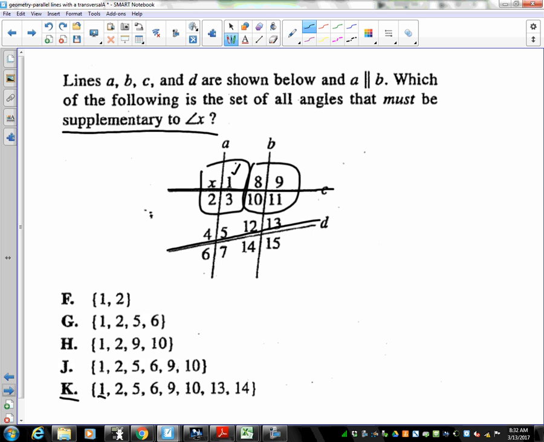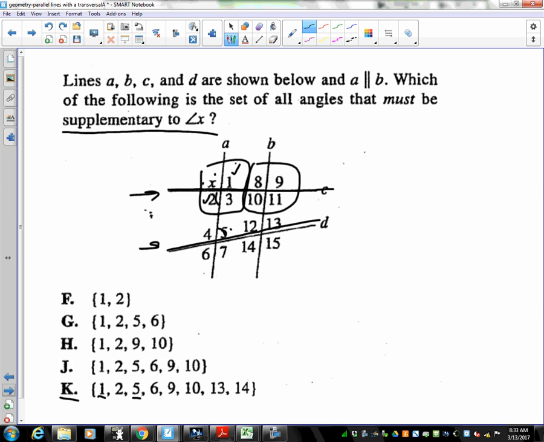Now let me keep going here. So I got 1 is definitely 1 because they form a linear pair here. 2 is also 1 because it forms a linear pair. So let's go to 5 here. If I go to 5 and I see 5 and X, now if these two lines were parallel, 5 and 2 would be congruent, but since they're not parallel, then these are not alternate interior.